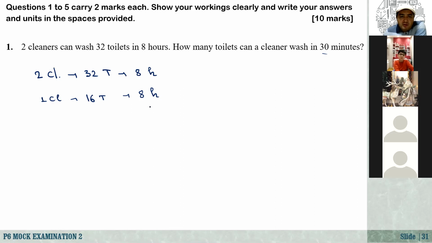Now here we have time. 8 hours means how many 30 minutes? In 8 hours, we have 16 times 30 minutes. So one cleaner cleans 16 toilets in 8 hours. In half an hour, he can clean only one, because in 8 hours we have 16 half-hours, and for each 30 minutes he can clean one. So the answer is one toilet.